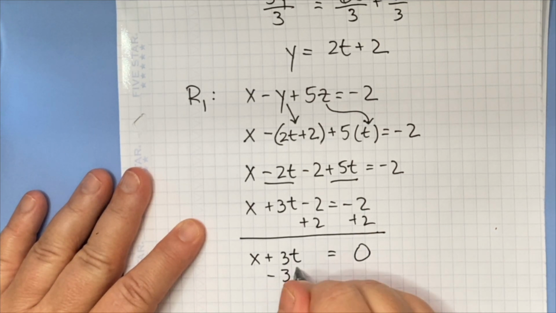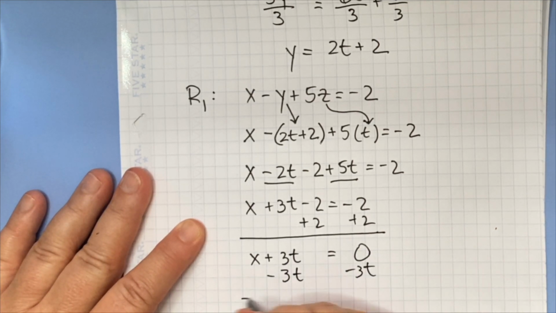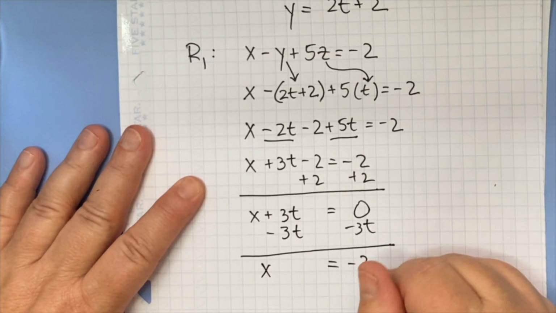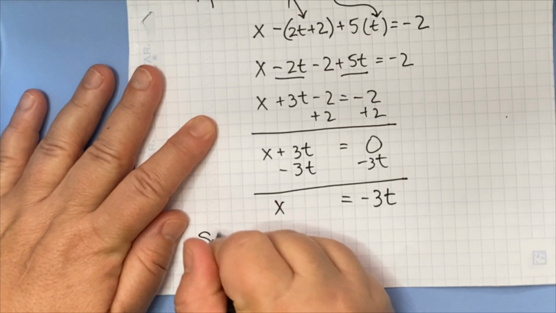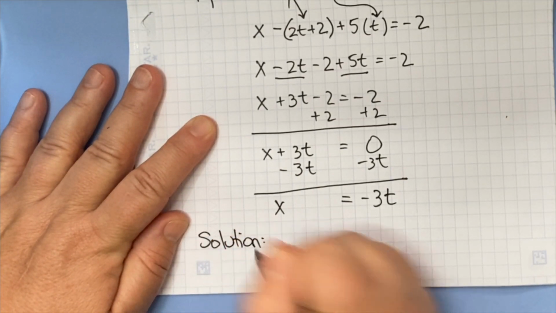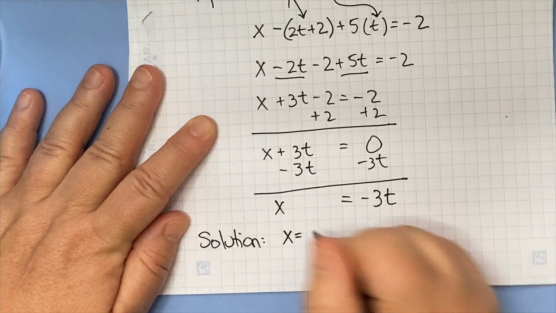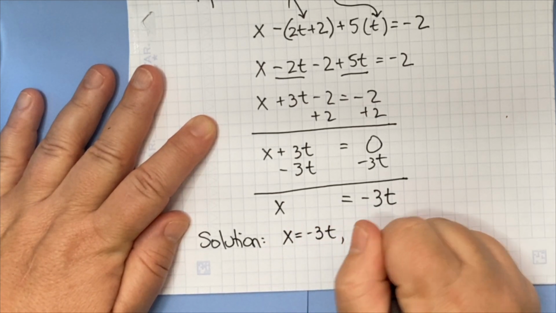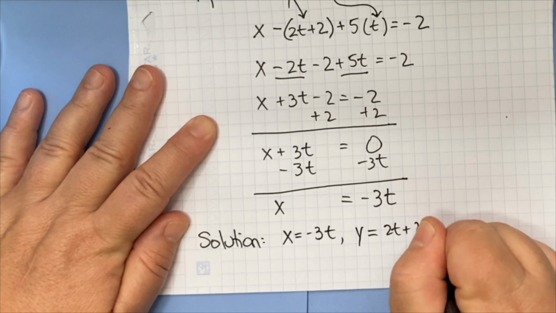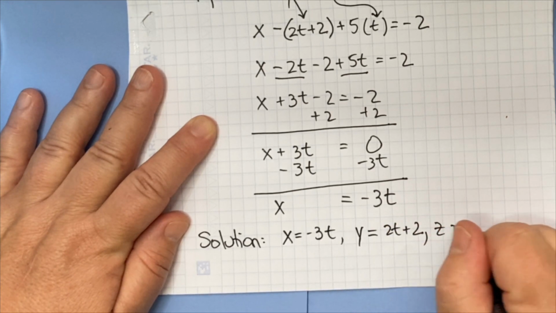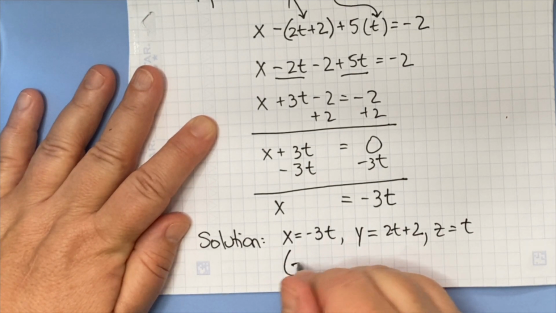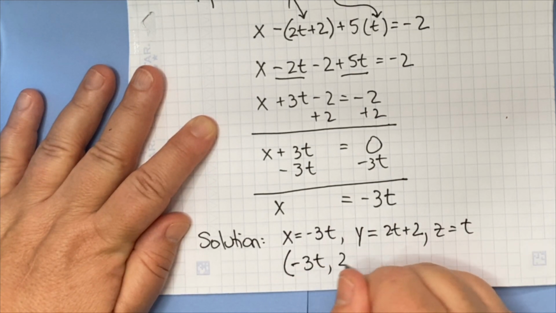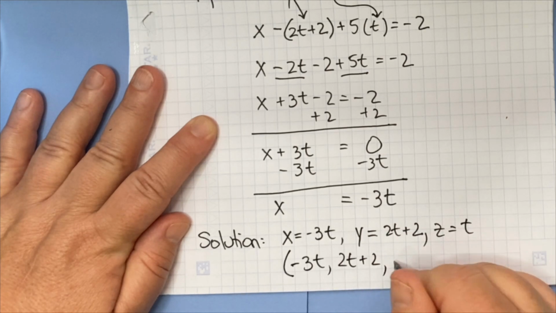So then we just subtract 3t, and we get x equals negative 3t. So our solution is x equals negative 3t, y equals 2t plus 2, and z equals t, which, believe it or not, I can write as negative 3t, 2t plus 2, and t.